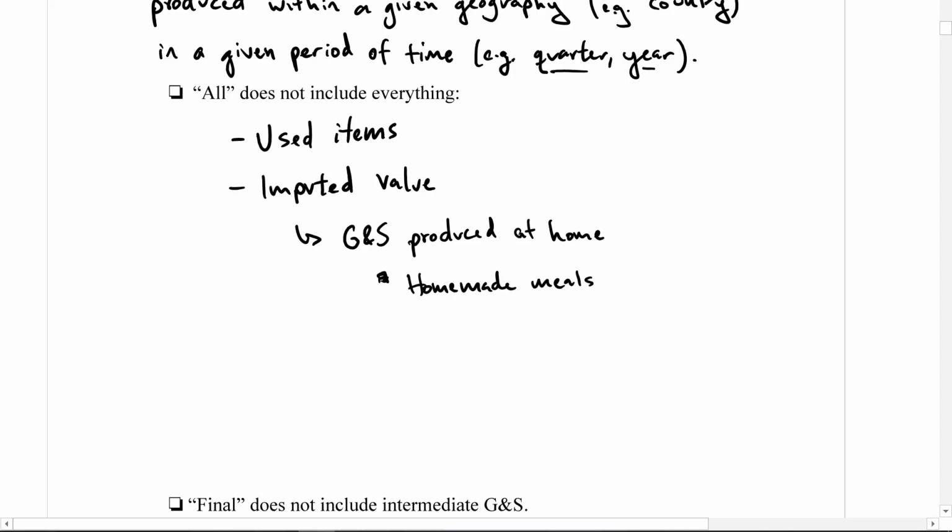So if you're cooking your dinner yourself instead of going out to a restaurant, that production is not included in GDP. But the restaurant meal would be included in GDP. So homemade meals, homemade house care, lawn care from your kids, for example. Lawn care from kids. Let's say your kids. Possibly even your neighbor kid. But this kind of informal production that doesn't get counted as GDP, and that's this idea of imputed value.